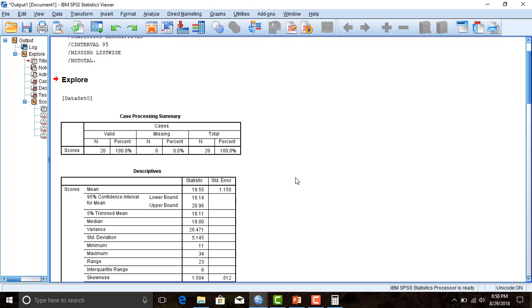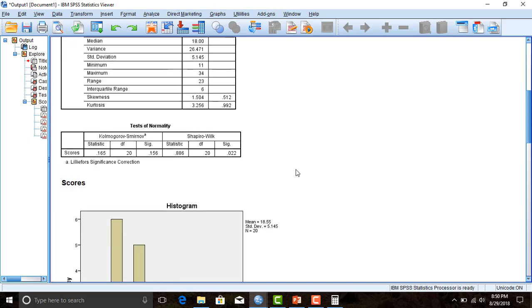So knowing that we have 20, we know that Shapiro-Wilk is formatted for situations where you have less than 30 observations. So we are going to consult the Shapiro-Wilk test and ignore the Smirnov test. Now, the statistic for Shapiro-Wilk, that's what's calculated. It's actually a W statistic.